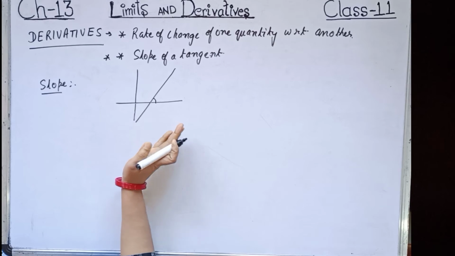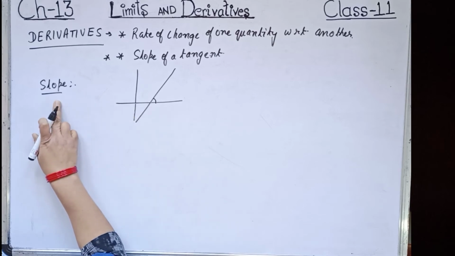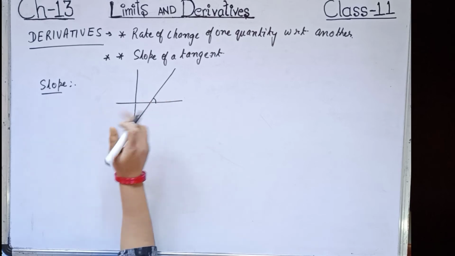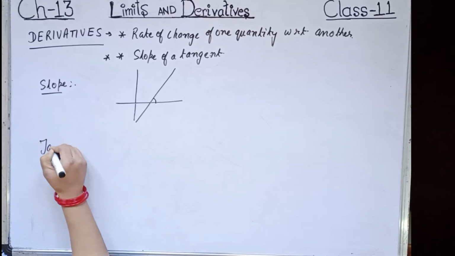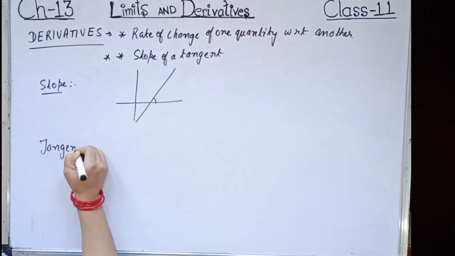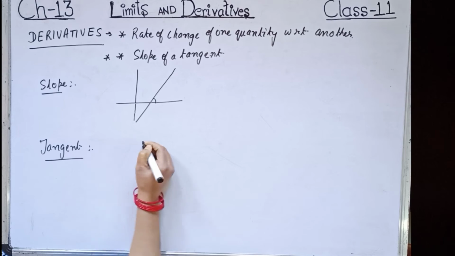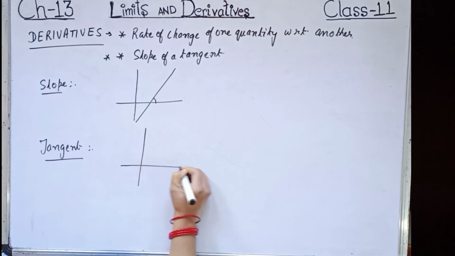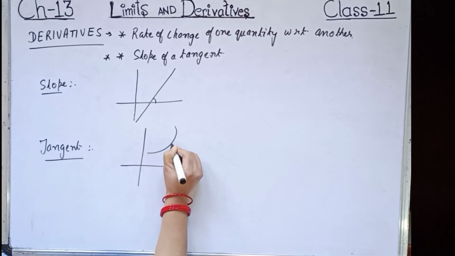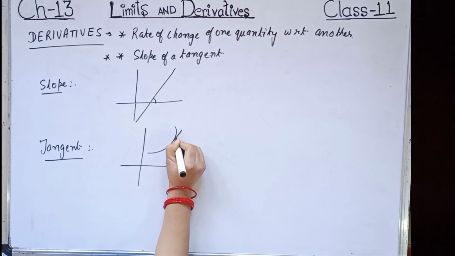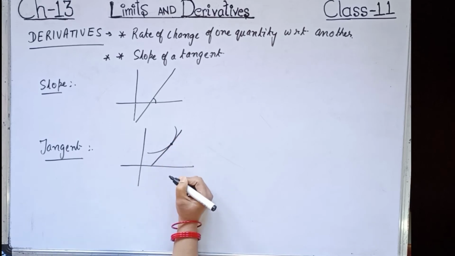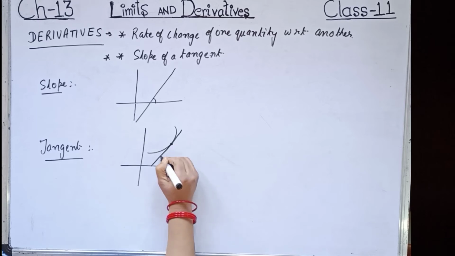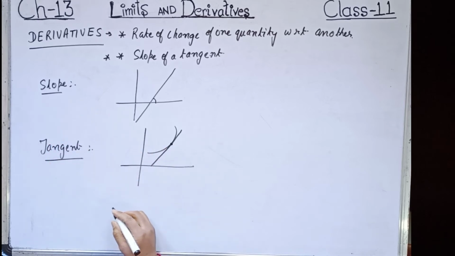So the angle or the inclination is called the slope, we can say. What is tangent? A line which touches an arc or a circle at exactly one point is called tangent. So the slope of this tangent is called derivative.